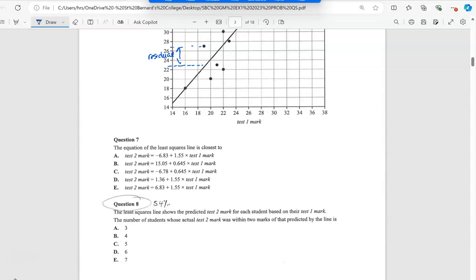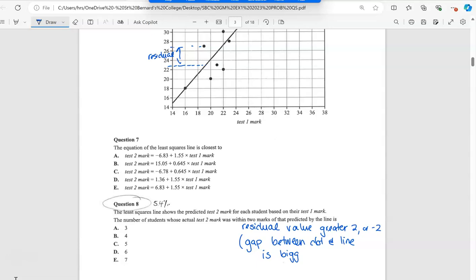So here they are pretty much saying how many of these dots have a residual value greater than 2 or negative 2, yeah? So what we're really saying is the gap between dot and line is bigger than, what does it say?